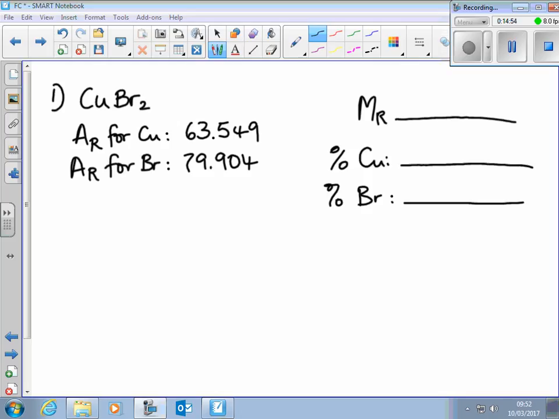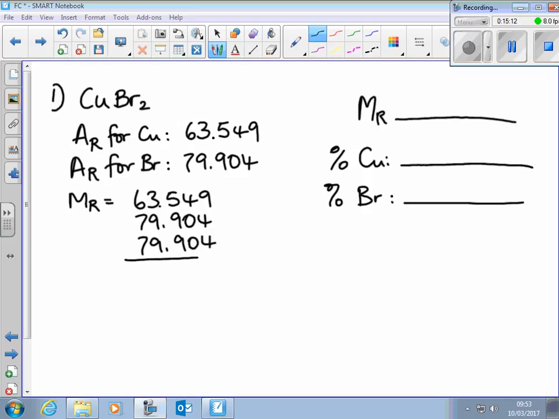what we're going to need is, I'm using up more space than you've actually got to do this, but you've got 63.549 and then 2 bromines. So I'm just going to add them all up in a column. Which doesn't make life any easier, actually, to do it that way. But it just means I then don't have to put it into a calculator.